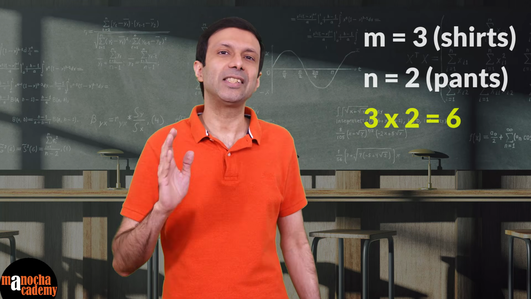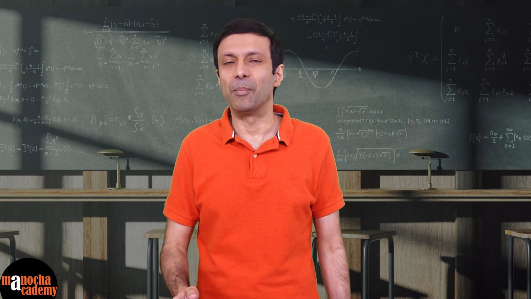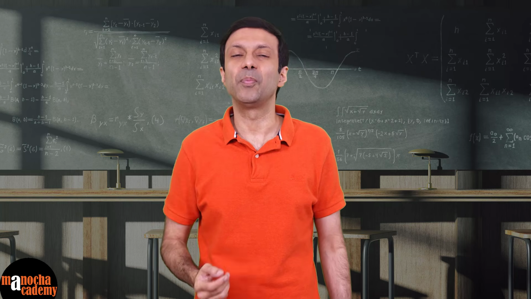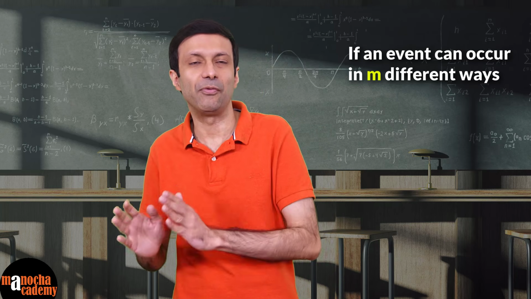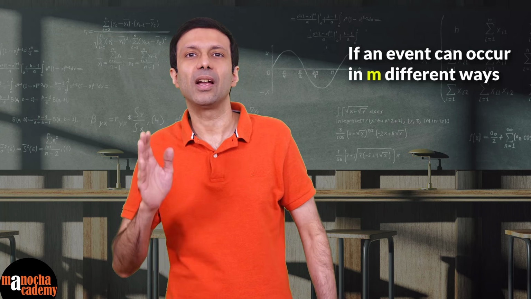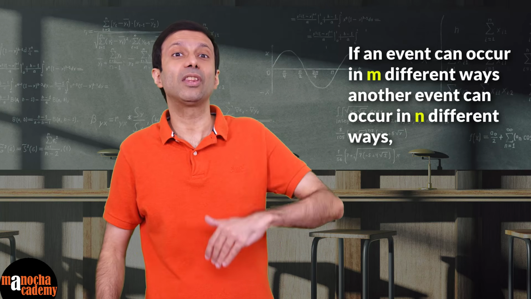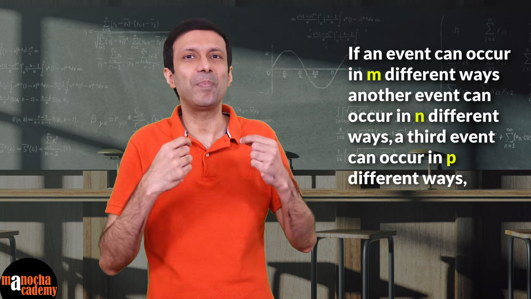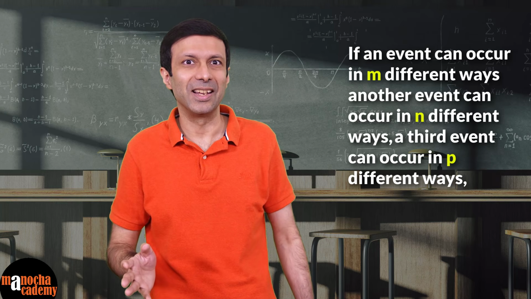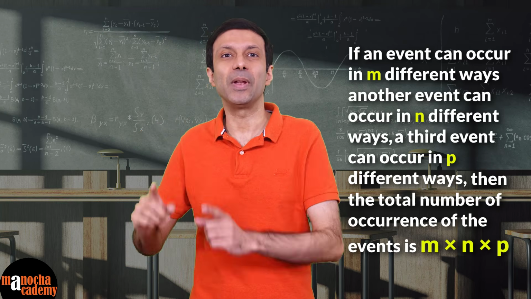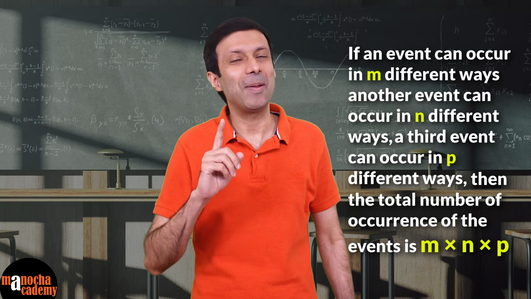Now we can generalize this principle for any finite number of events. For example, for 3 events, the principle is as follows. If an event can occur m different ways, following which another event can occur in n different ways, and following which a third event can occur in p different ways, then what is the total number of occurrences of the events? That's right, it's going to be m multiplied by n multiplied by p here.